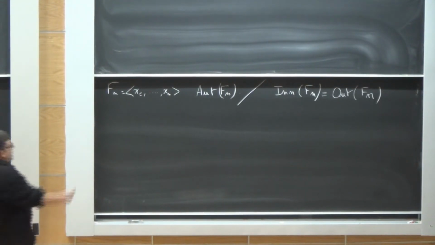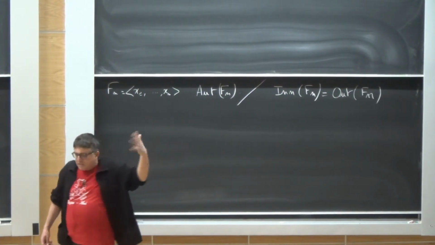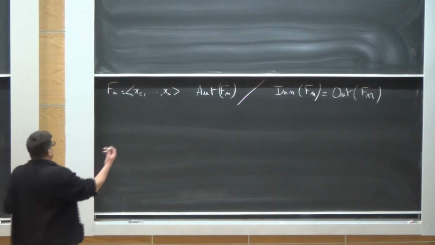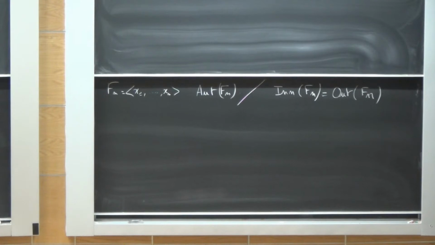Okay? So this explains the two groups appearing in my title, Aut Fn and Out Fn. So first of all, I will give you an example of some elements in Aut Fn. So, in order to produce an element in Aut Fn, you just need to explain where you send the generators and convince yourself that what you get is again a basis of your group.